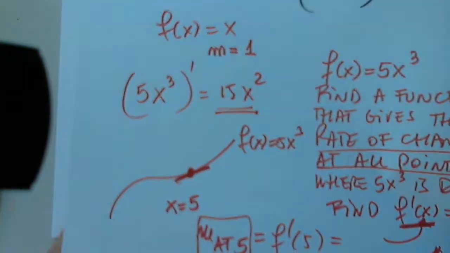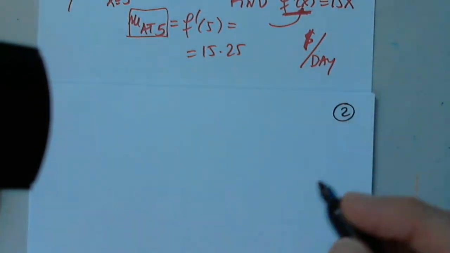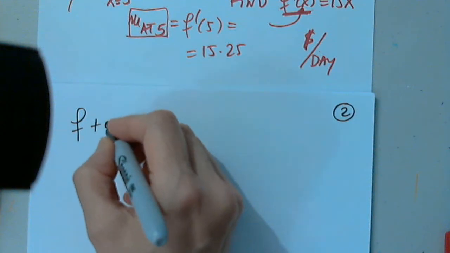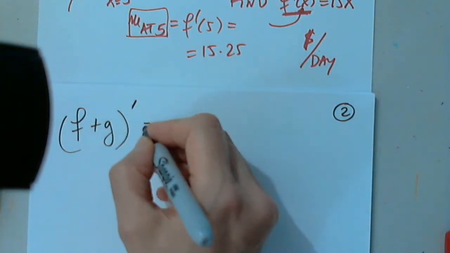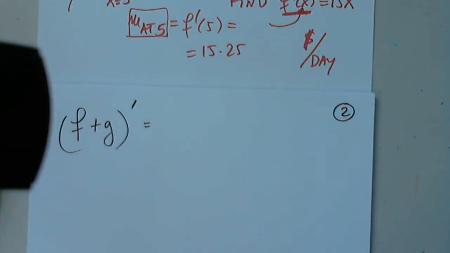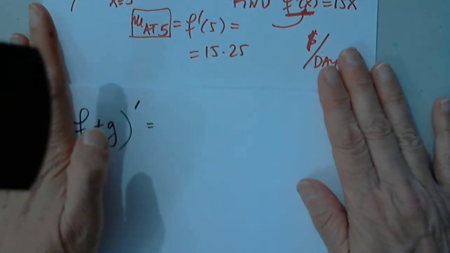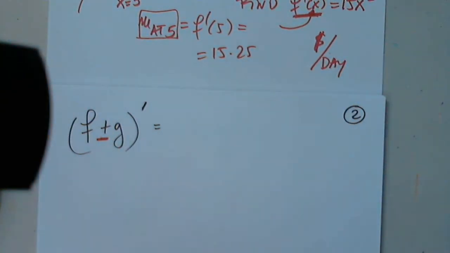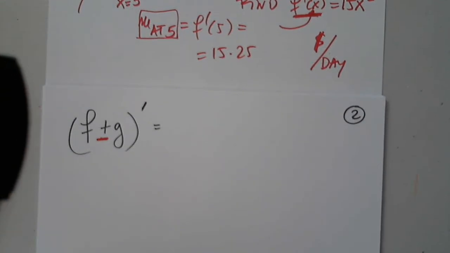So now let's look at this. Stop me anytime. Let's say we have a function plus another function and we want to differentiate. Or let's say they're subtracted. How do I differentiate a sum or a difference of functions that are differentiable, of course?